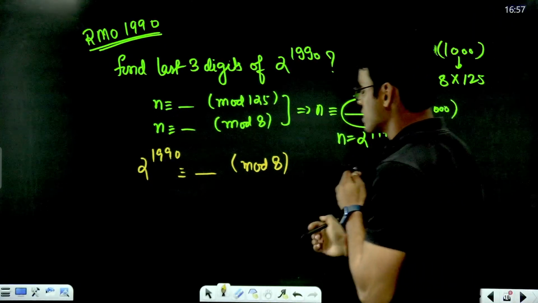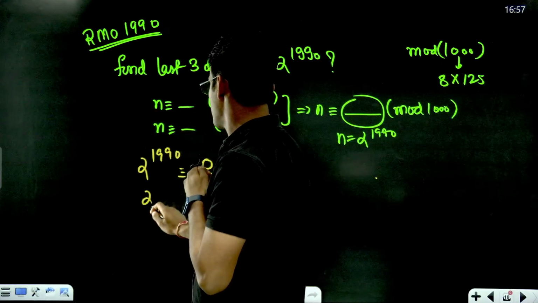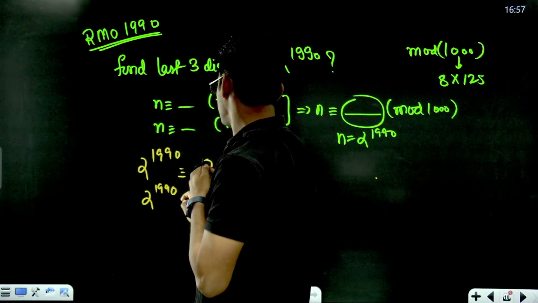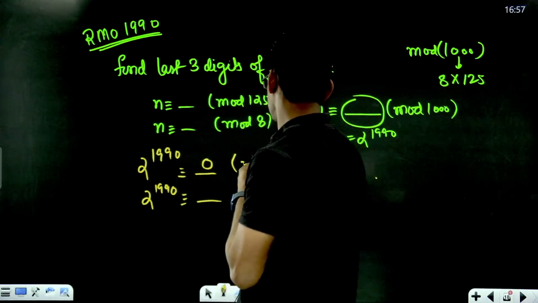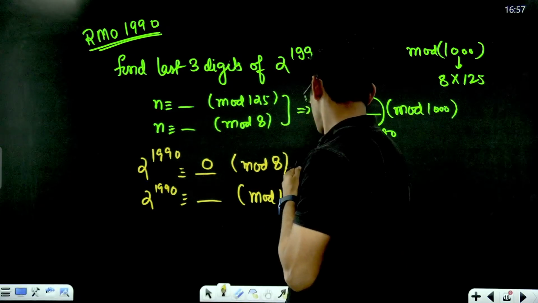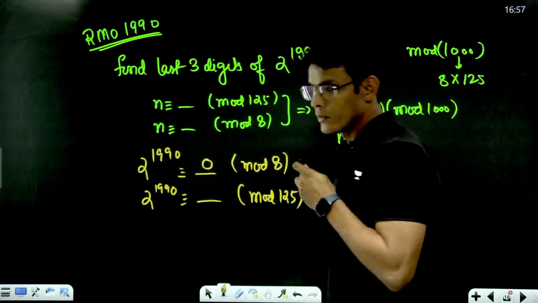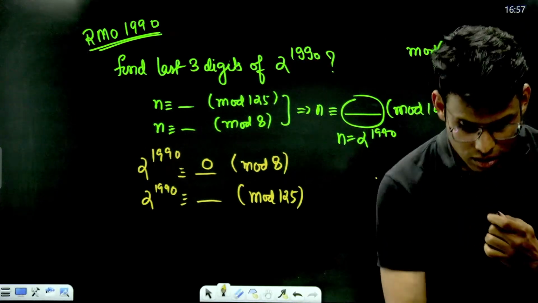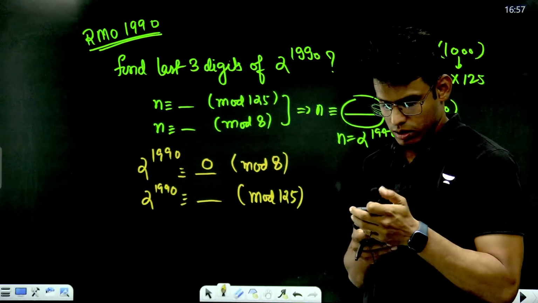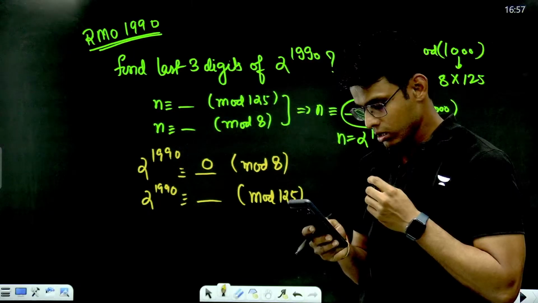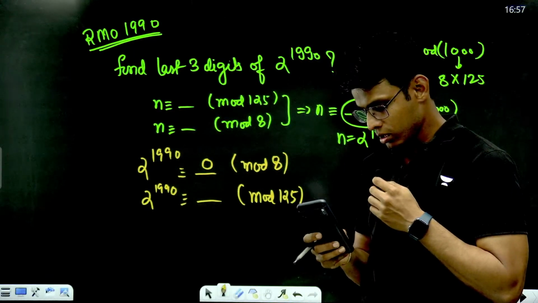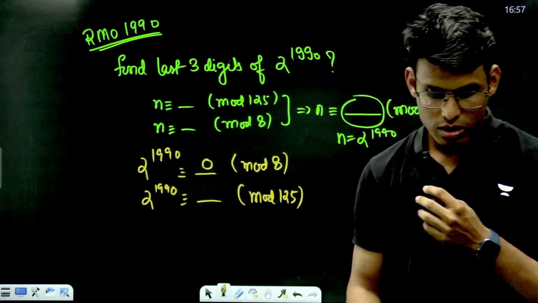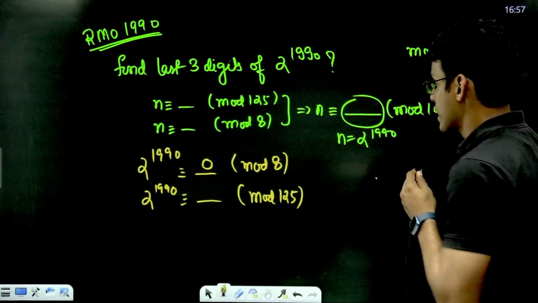Zero. Yes, obviously it is divisible by 8. Perfect. Help me here, guys.